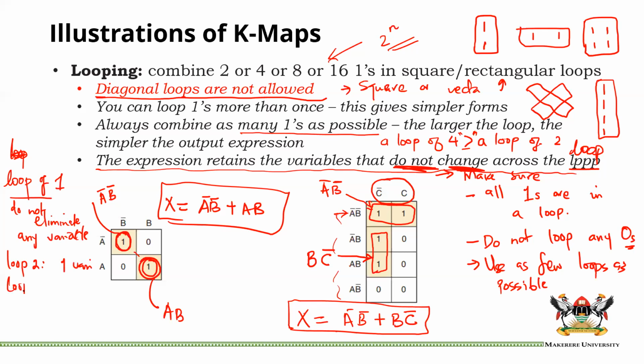A loop of 4, we eliminate 2 variables. A loop of 8, we eliminate 3 variables. But you can see it is really 2 to power 3, 2 to power 2, and so on and so forth. You are going to get this as we go along.